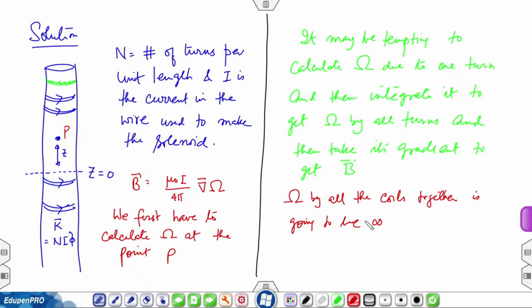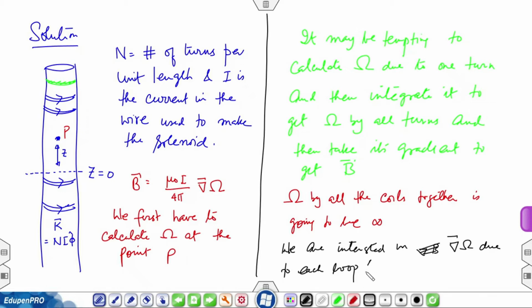And what we are interested in is the change, grad omega due to each loop or each turn, which is B due to each turn, and then add all the B's. So, you cannot just add omega and then differentiate, nothing will change.